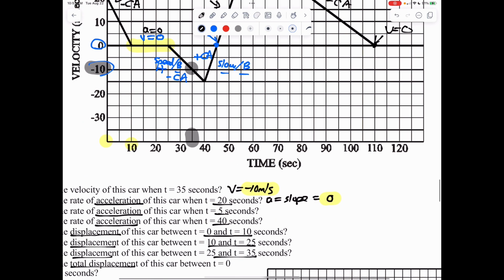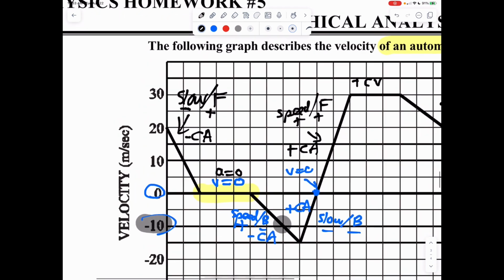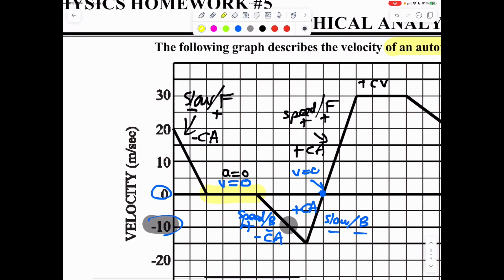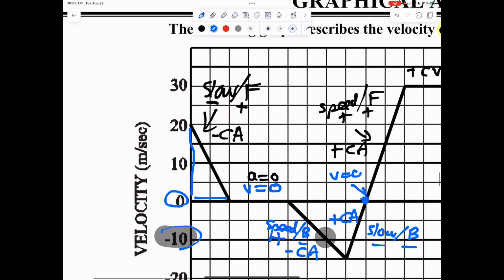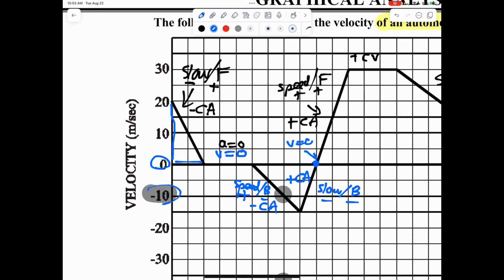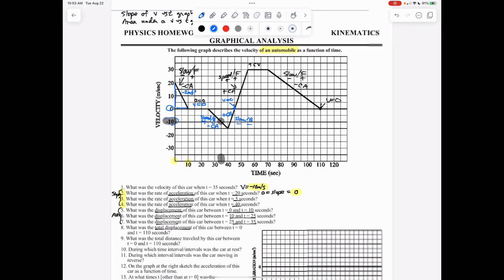Okay, what is the acceleration at 5 seconds? Well, 5 seconds would be right here, which is that part of the graph. If we go to that part of the graph, we're basically finding the slope of that line segment. So that slope would be negative 20 over 10. What's negative 20 over 10? That would be negative 2 meters per second squared.